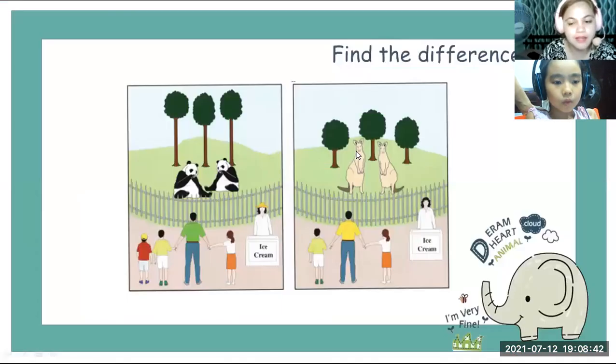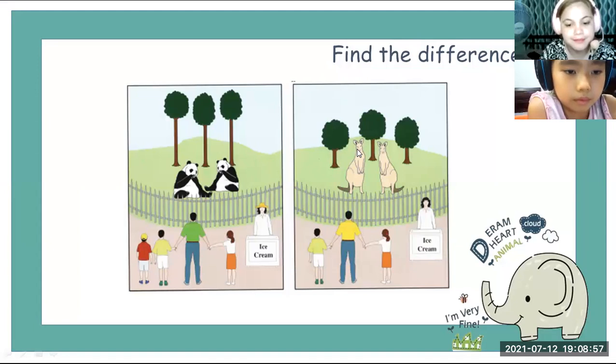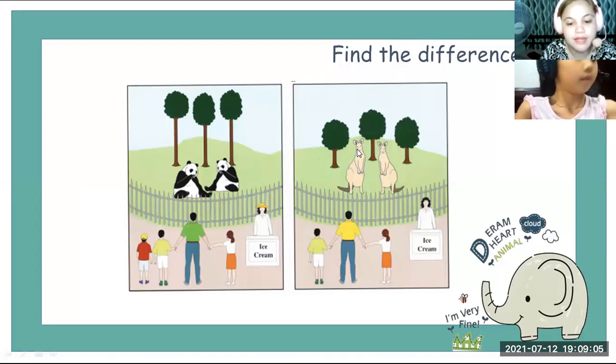All right, so now Kiko, look at the picture here. As you can see on the screen, we have two similar pictures, okay? So now all you have to do is to find the differences between them. All right, so now tell me the differences that you can see in the picture.